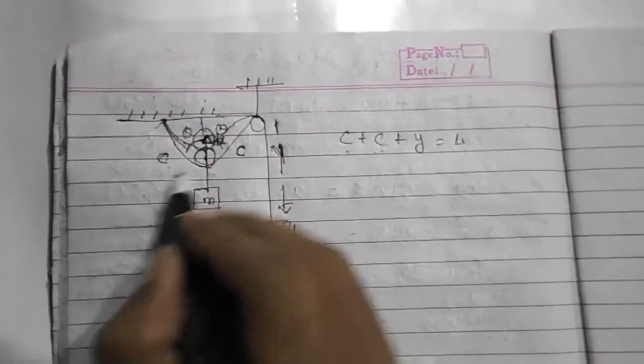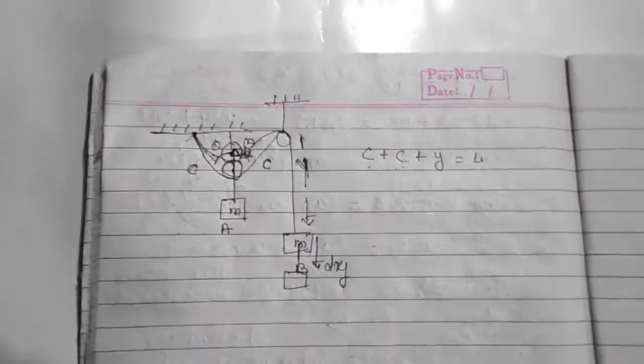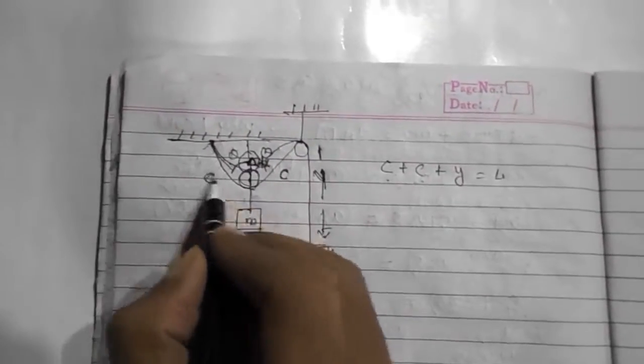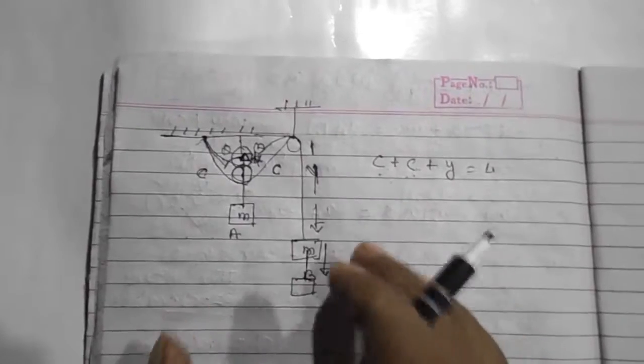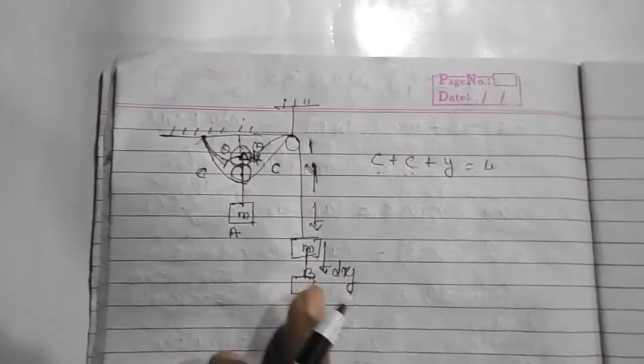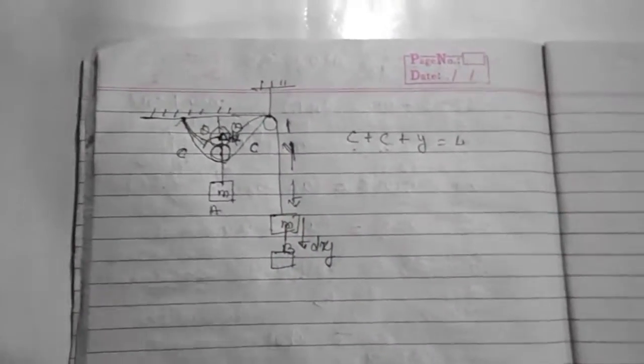Here we have to use geometry to find how x and y are related to each other. So we will use the Pythagoras theorem. The Pythagoras theorem is a very powerful weapon to tackle questions like this.